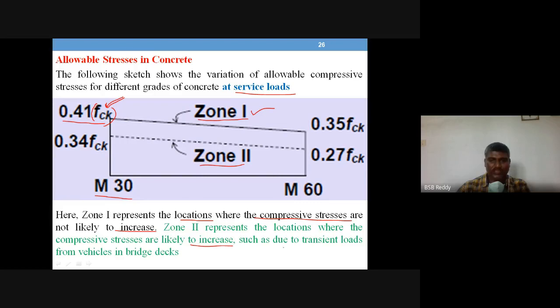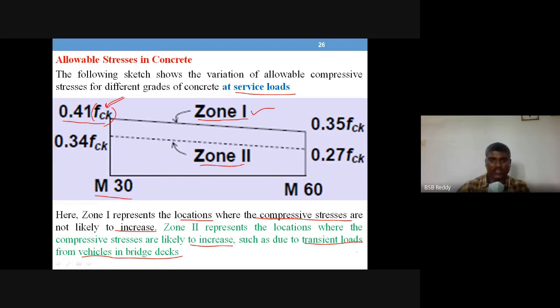For example, vehicle movements on bridge decks. Those are called transient loads, meaning sometimes it is loaded and sometimes not. When a vehicle moves, load is applied; when the vehicle goes off, the load is not there.